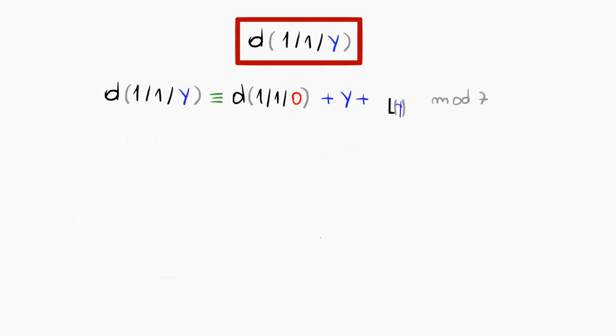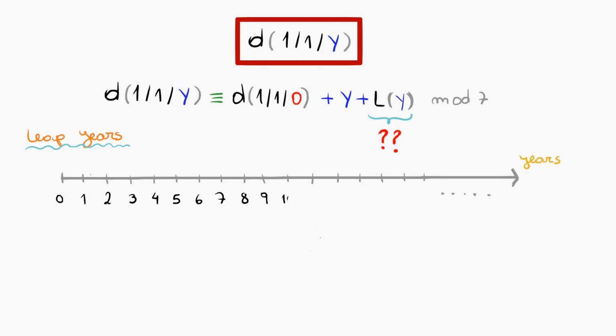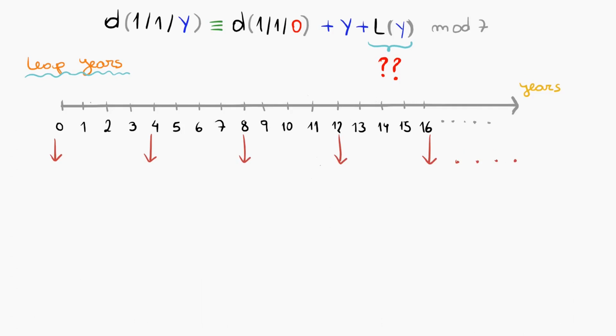Now the question is, how do we know how many leap years there are before a certain year? To do this, we need to know the definition of a leap year. Firstly, leap years occur every 4 years and are those years that are divisible by 4. Let's calculate the number of leap years before the year 6, for example.